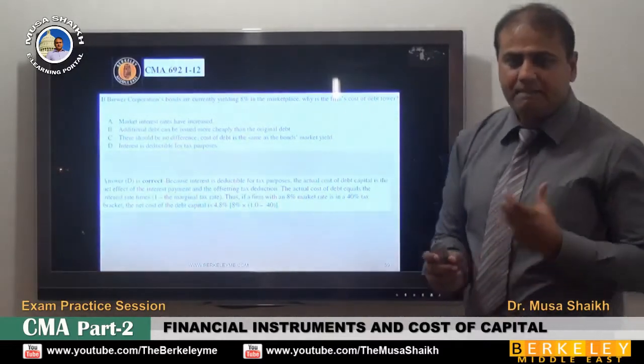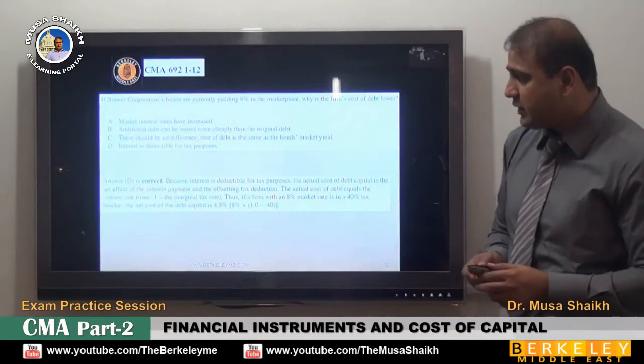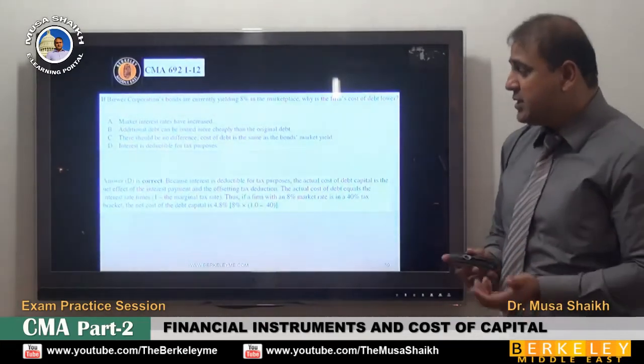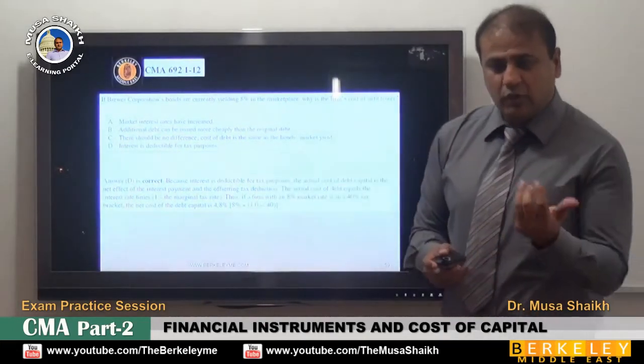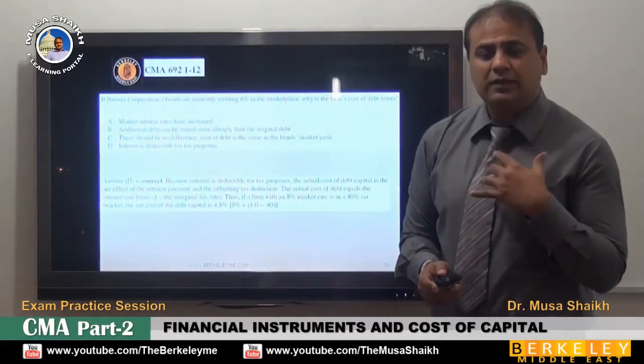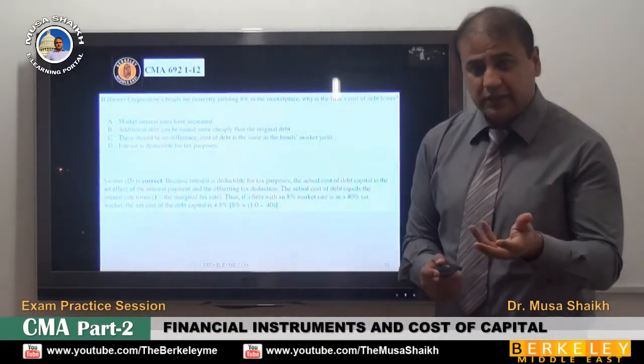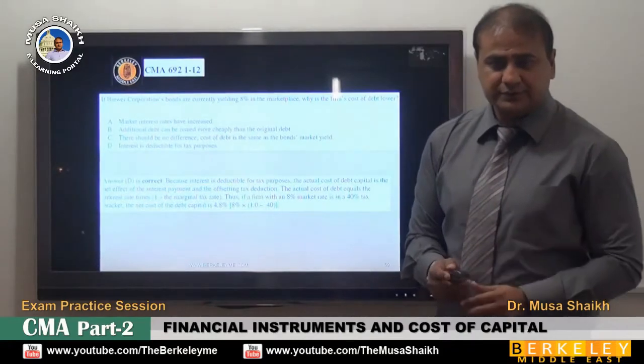This is the basic principle. So D is the right answer. Why? Because interest on bonds is allowable according to the tax authority, which reduces your cost.